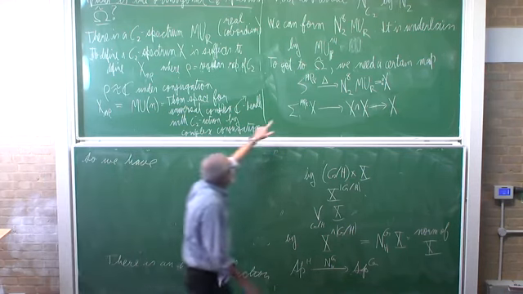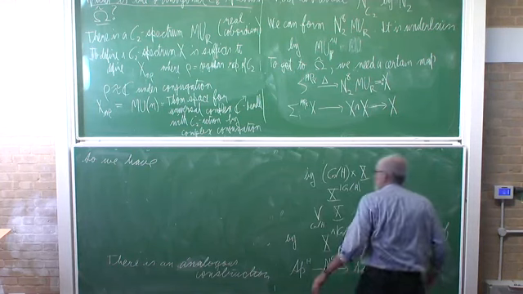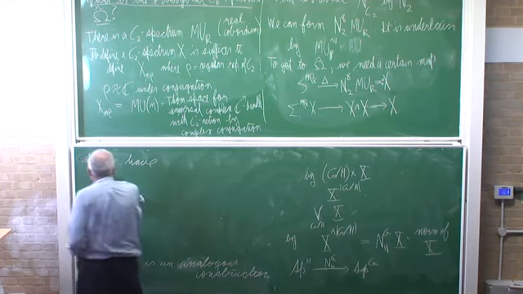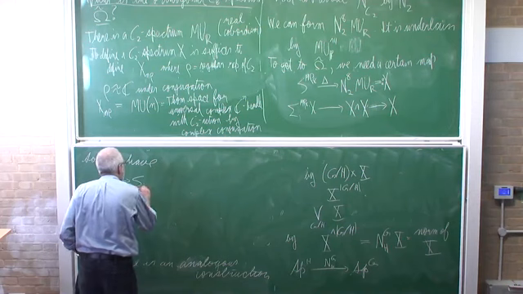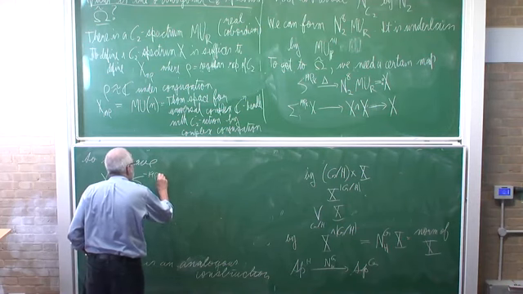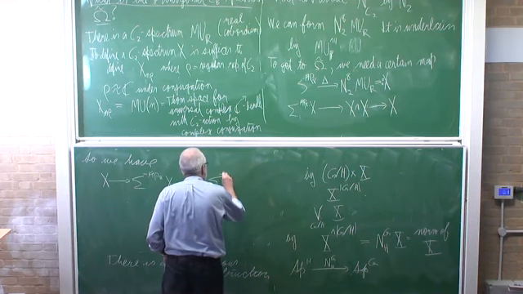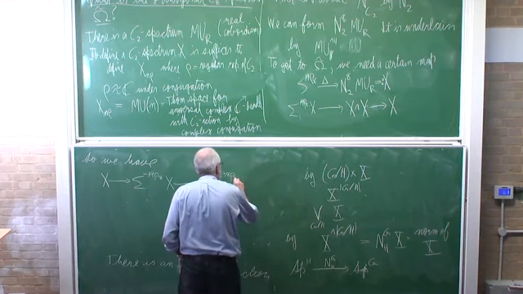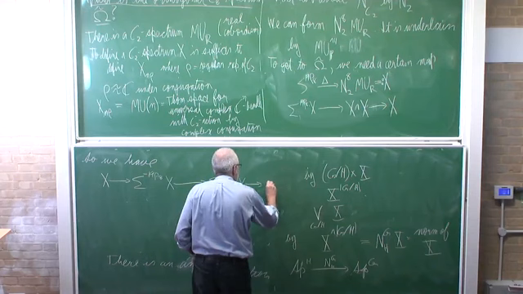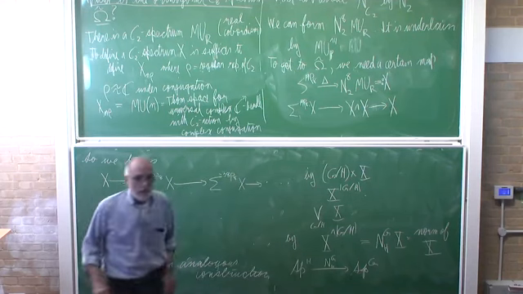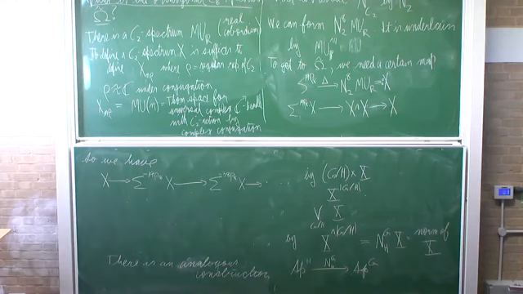So using this composite map here, I can iterate it like so, and I can take the homotopy colimit, also known as the telescope.